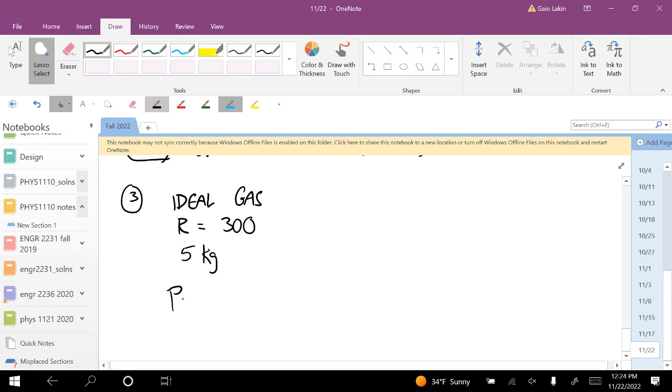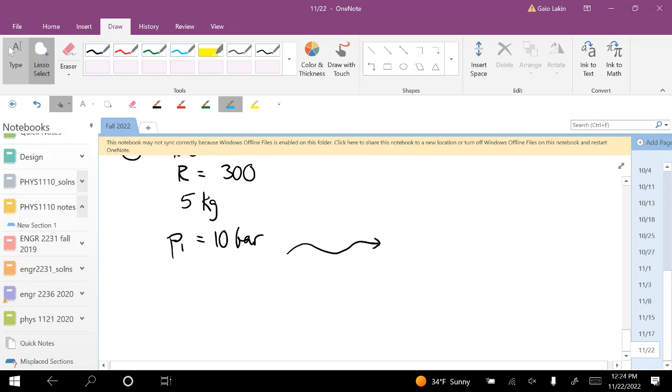We know that the starting pressure is 10 bar. And the starting temperature is 370 Kelvin. And it has a final pressure of 5 bar.